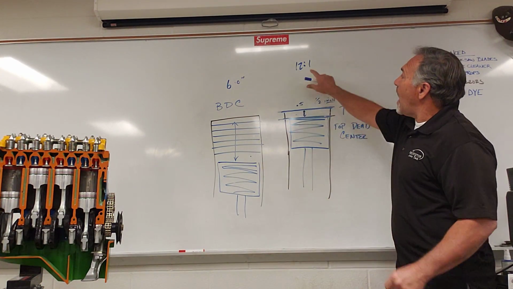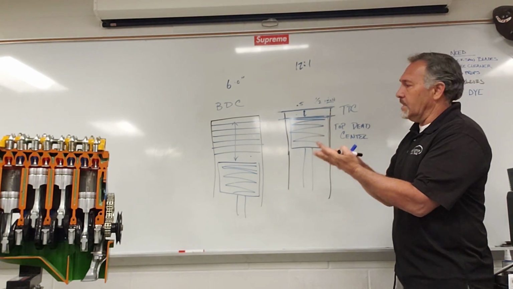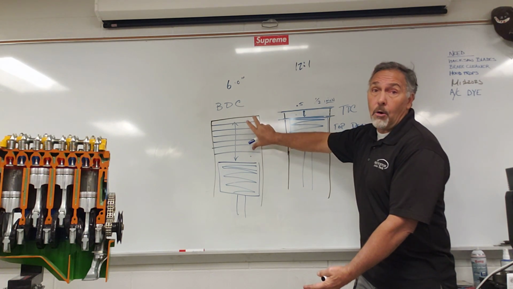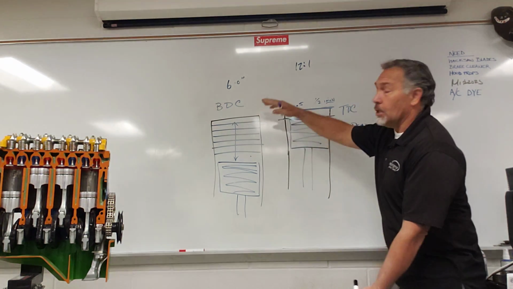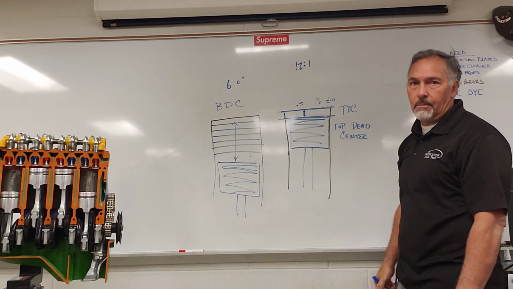Again, the higher the compression ratio, the higher the compression in the engine, because you have more air and fuel that you're going to pack into an even smaller space, which increases the compression.